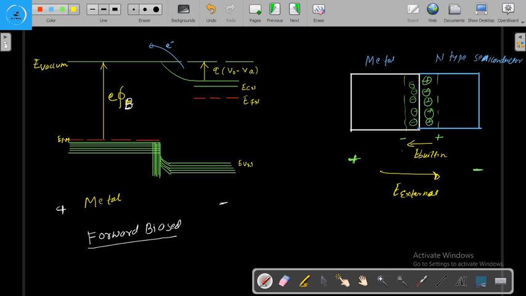Here Va is the applied forward bias voltage.